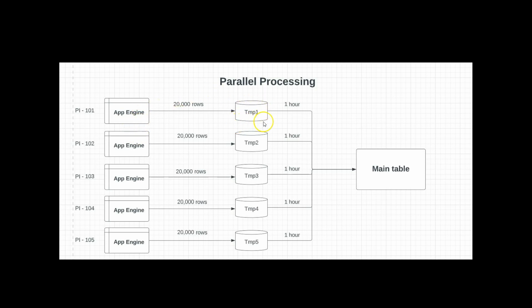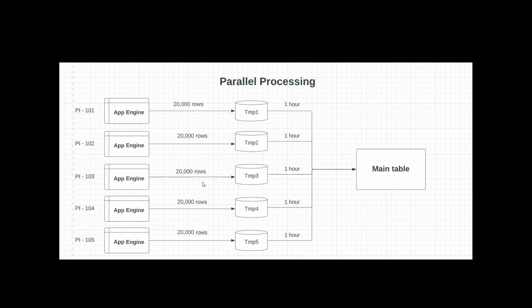This will be the temporary table. As you can see, each of these application engines has its own separate temporary table, and we will write a business logic to divide this 100,000 rows of data across all these 5 tables. As you can see, we have divided the 100,000 rows of data into 5 chunks of 20,000 rows of data.